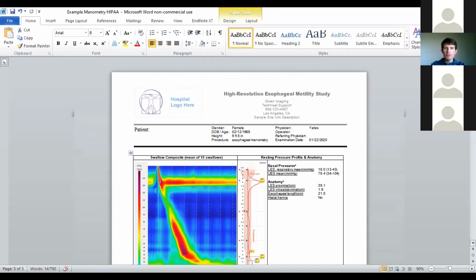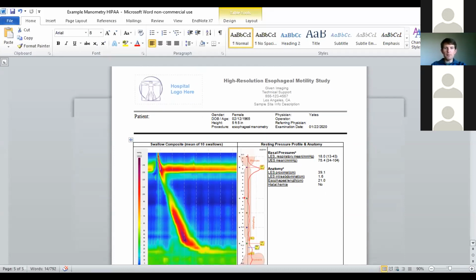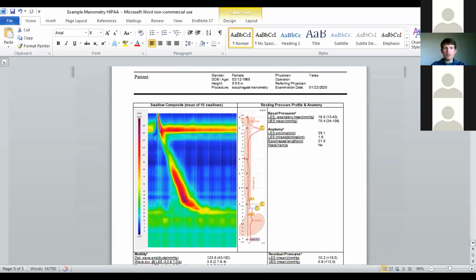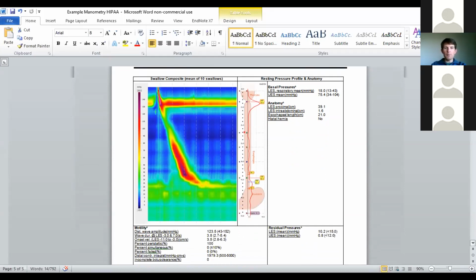Okay, great. So I thought I'd show just what one of these reports looks like once it's completed and printed. This is from the Given technology system, one of the 2 systems that we use at University of Washington, and this is the printout. On the first page, in the top left-hand corner, you have a composite graphical representation of all 10 swallows that were performed during the study.